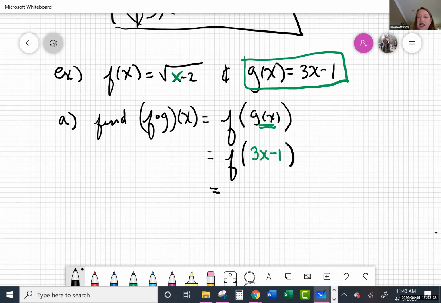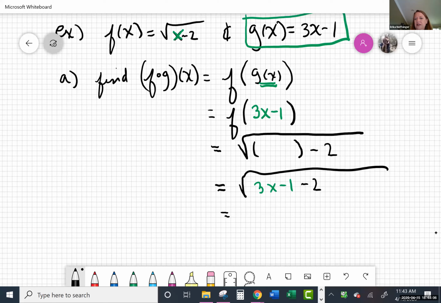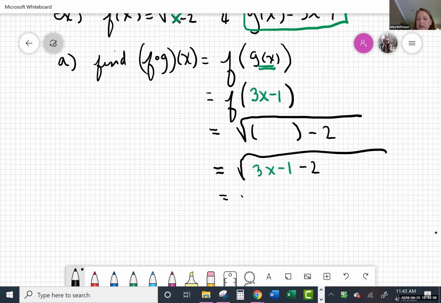And so I have the square root, you see an x there, let's put parentheses because we're going to go back and replace it, and then we have a minus 2. So replace the parentheses with 3x minus 1. I don't really need the parentheses there, and then a minus 2. Simplifying underneath the radical, I only have one term that has an x, so bring it down, 3x, and then I have negative 1 minus 2 is negative 3.